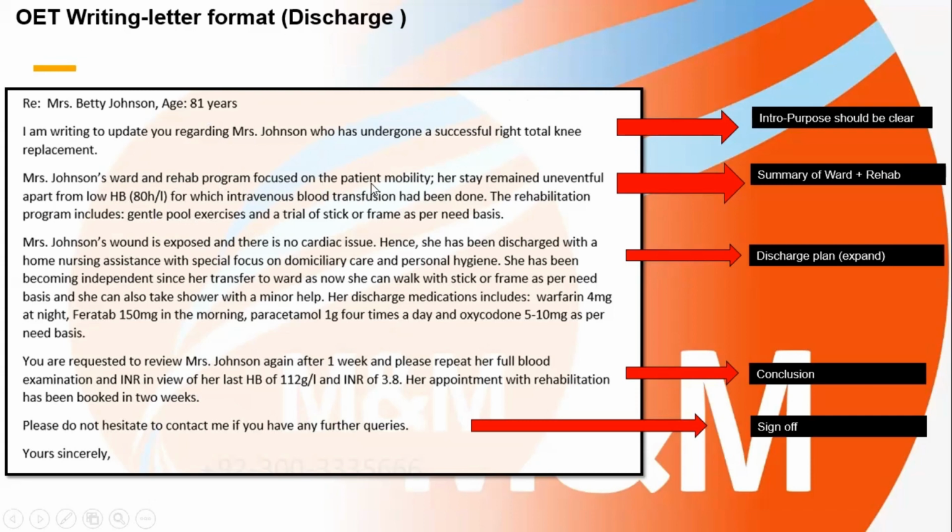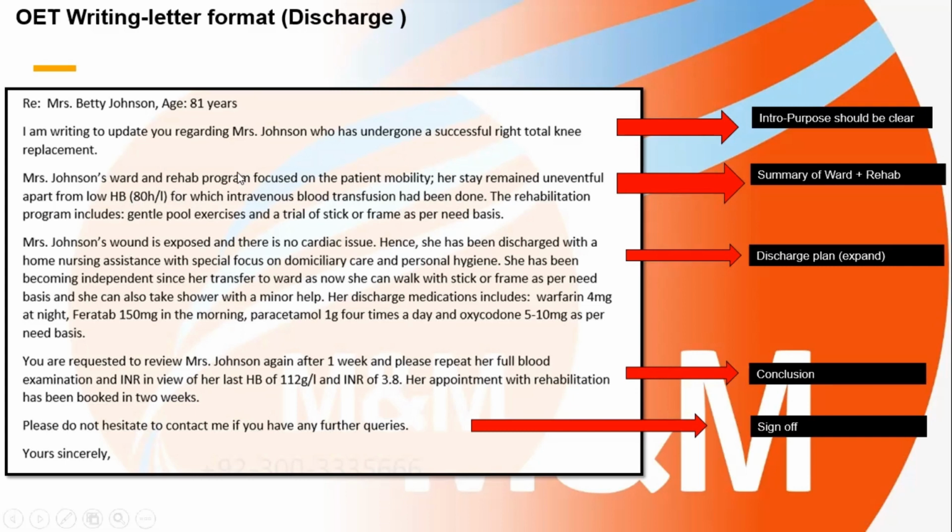So a summary, or you can say the central idea, of both has been extracted. Her stay remained uneventful, apart from low HB, for which an intravenous blood transfusion had been done. So the one liner was that ward and rehab improved the patient's mobility.